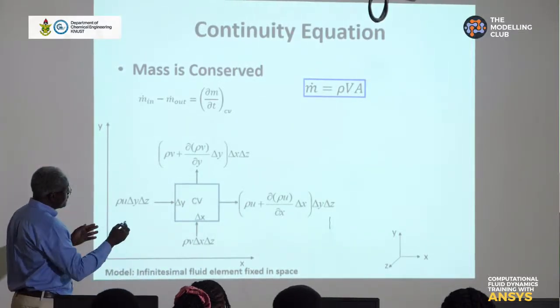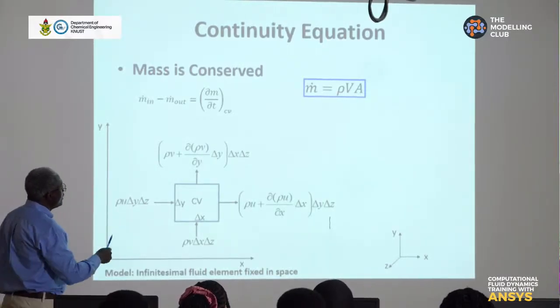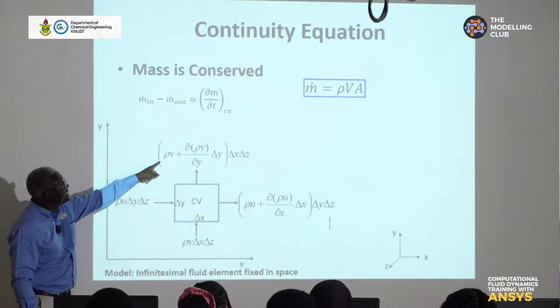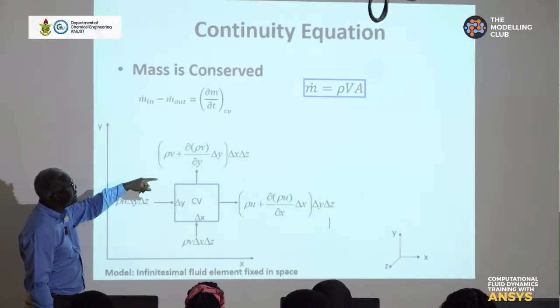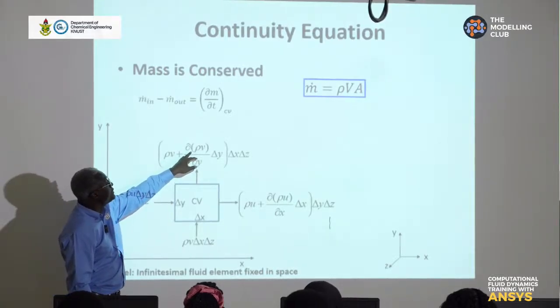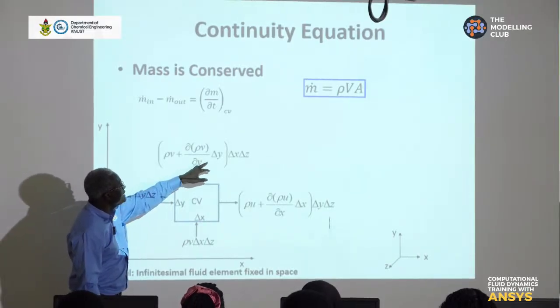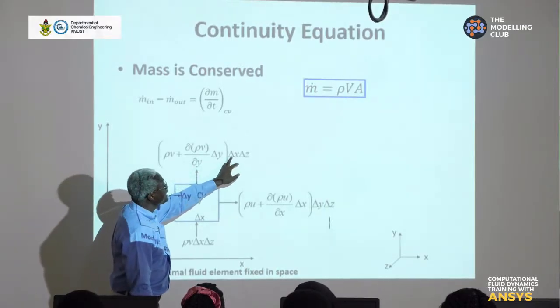Similarly, for the case of the z direction not shown, and let me write this down, you have the density times w, which will be the z velocity, plus the differential of the density times w divided by dz times delta z, times delta x delta y.